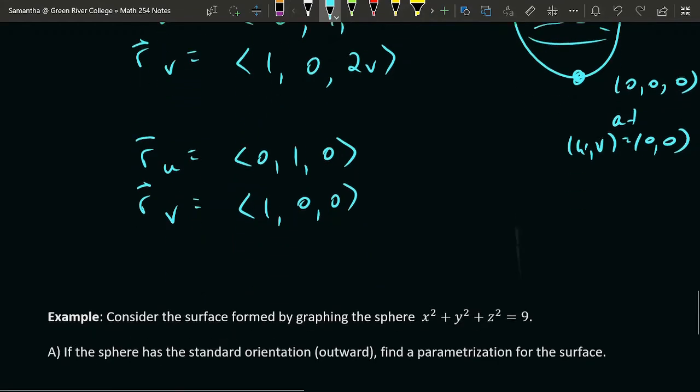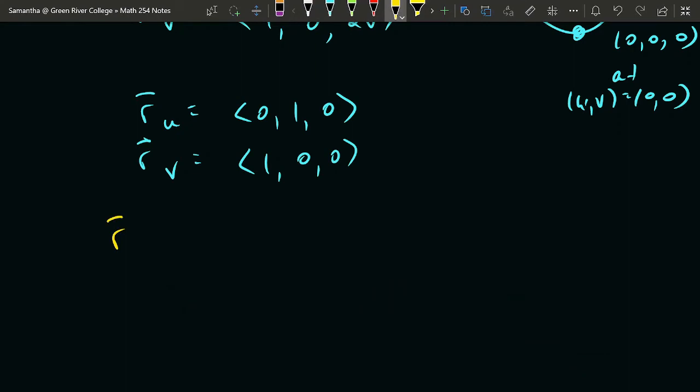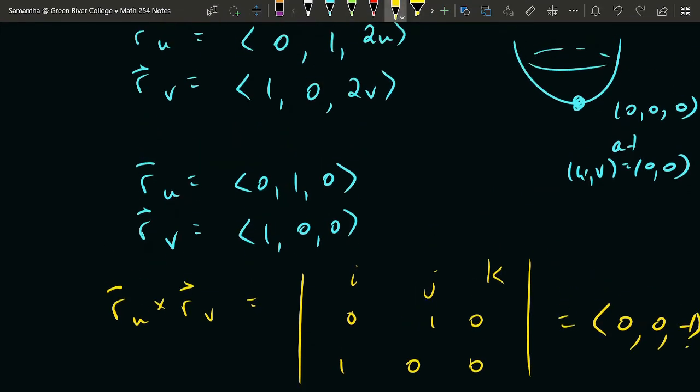So if I take the cross product in the order R_u cross R_v, as our formula requires, then the result of the cross product in this case will be 0, 0, and -1, which, truly enough, does point downward, as it should be.